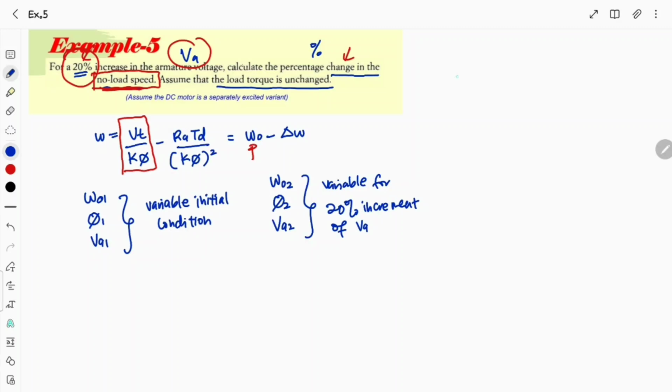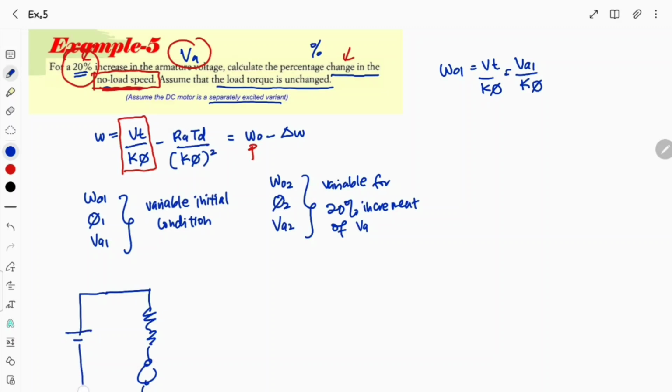For now, let's write back the related equation. So omega naught 1 equals VT over kV, or VA1 over kV. Since this is separately excited, we know that VT is equal to VA. So this is your VT and it is the same parameter as your VA.